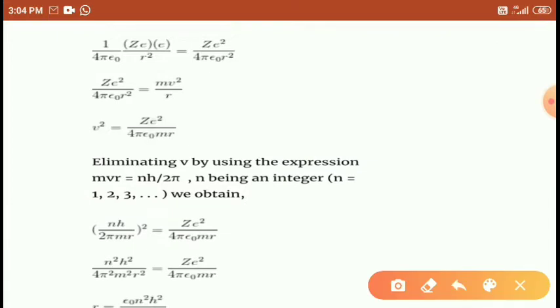Understood? Okay. Next, when we compare both equations, the formula becomes like this: n square h square over 4 pi square m square r square equals Z square over 4 pi mr square. Right? Okay.